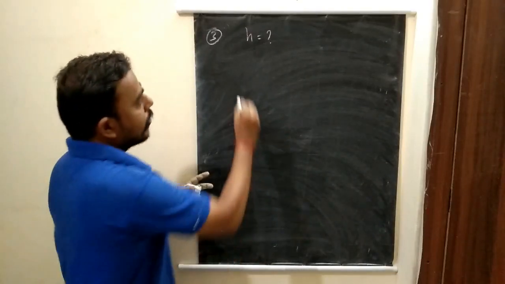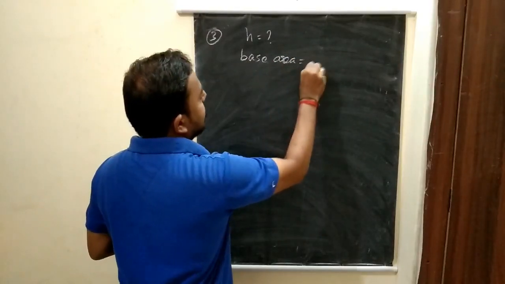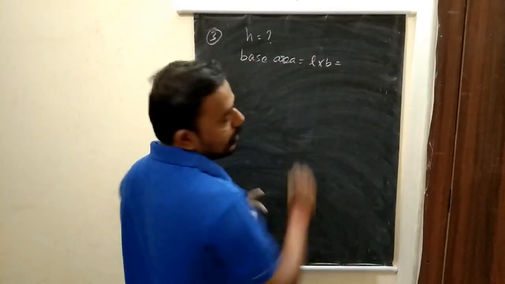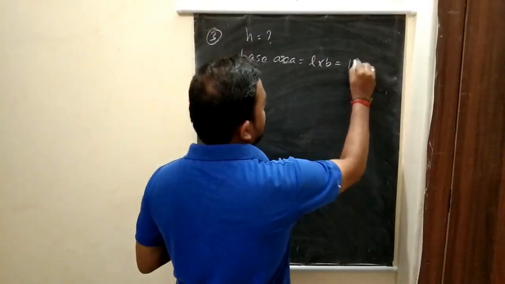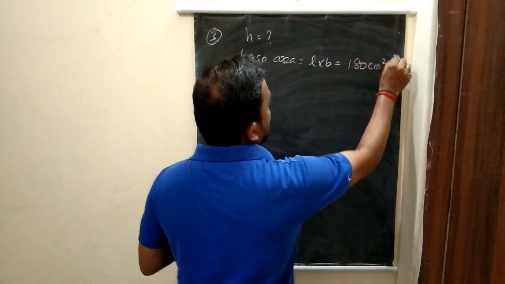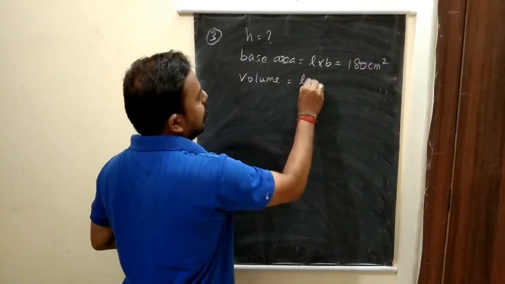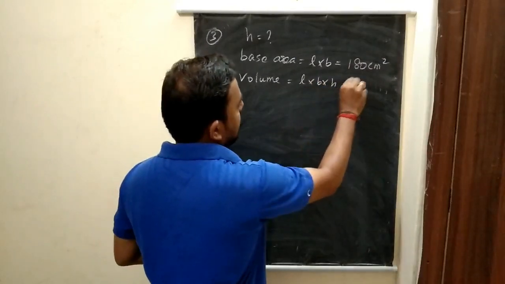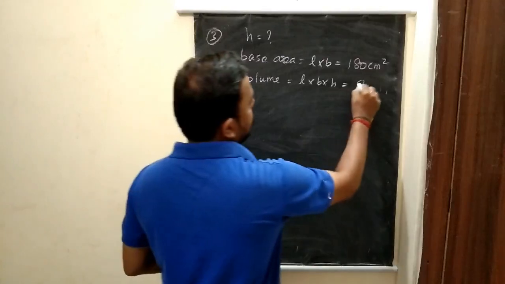The base area, that is L into B, is given as 180 centimeter square. And the volume, L into B into H, is given as 900 centimeter cube.